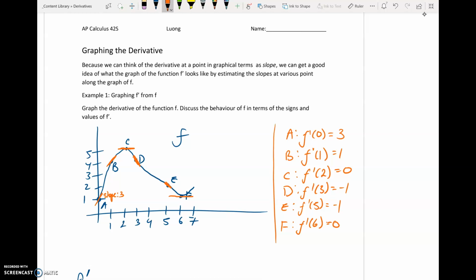And how we really did that is we identified 0 slopes and slopes around those 0 slopes. So that's what we did.